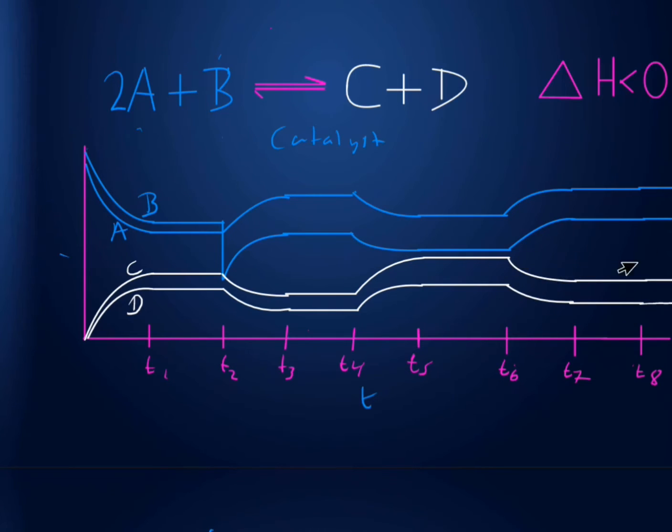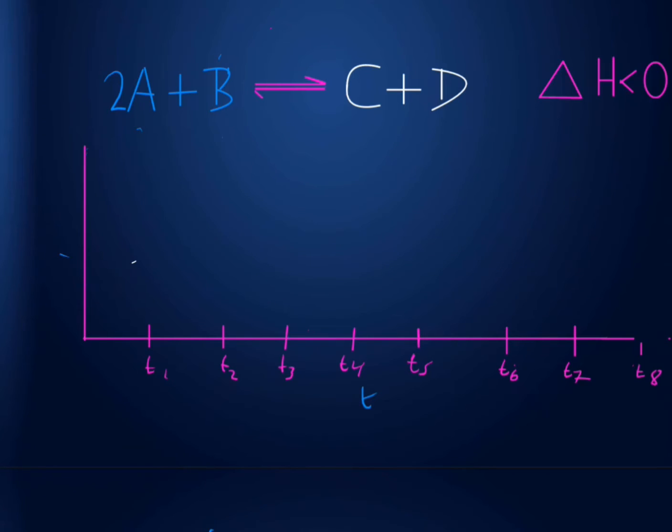So let's talk about rates now. Before I start with rate, I want you to first of all note that the rate graph is completely different from the concentration and number of moles graph, right? Even if we have got two reactants, we're going to have only one line that will represent the forward reaction.